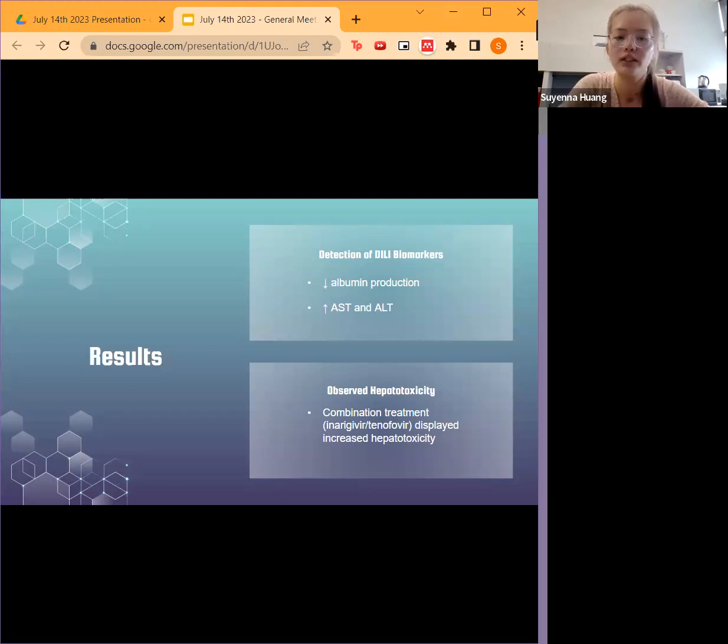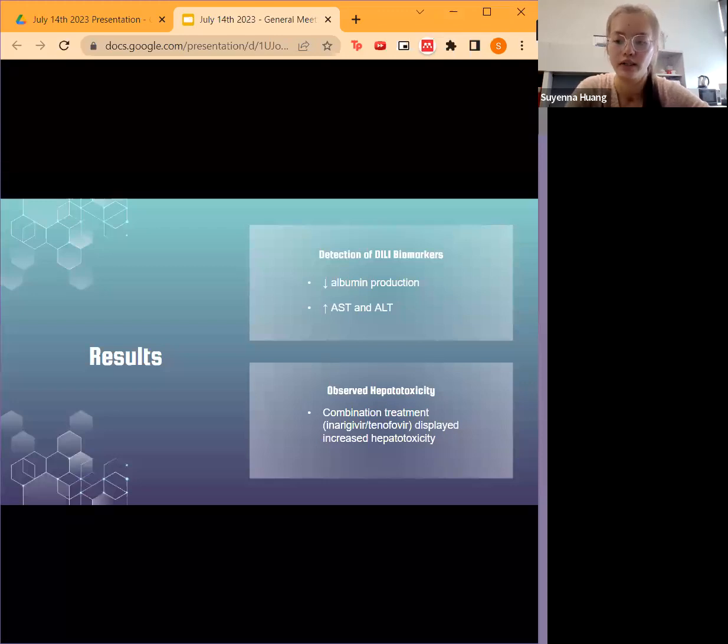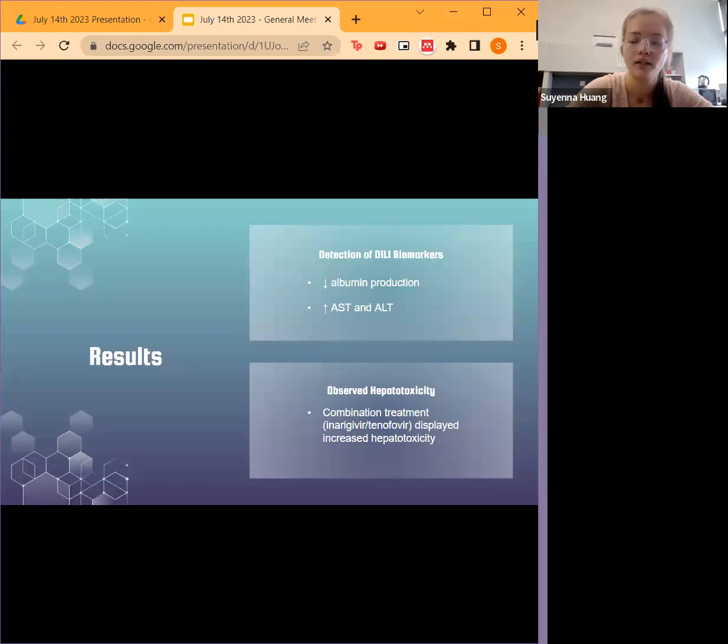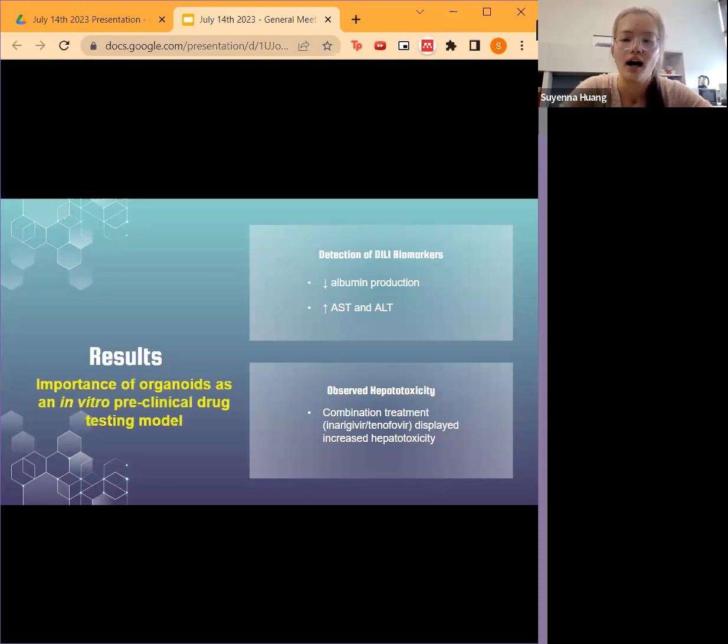And what was really cool is that the organoids were able to differentiate between the monotherapy of anarigovir by itself and the toxicity shown in the combination therapy of anarigovir with tenofovir. As a result, the study showed that it's really important to use organoids as the in vitro preclinical drug testing model, because they can provide a better indication of what can happen in vivo.